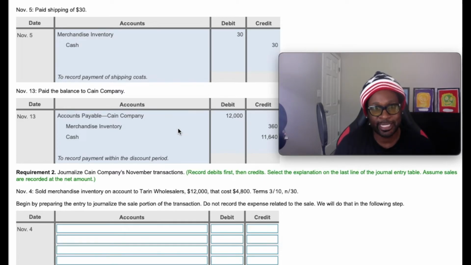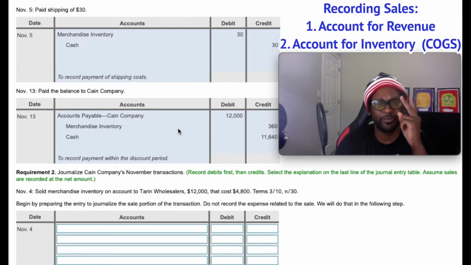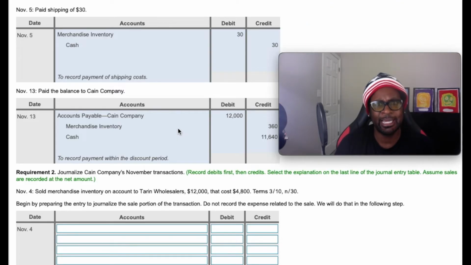So a couple of things, gang. We're on the selling side, and we know anytime that we have a sale, we have two separate transactions, one to recognize revenue and the other to recognize cost of goods sold. But we also must consider that now we're on the selling side, and we're going to automatically assume that our buyers are going to take advantage of the discount.